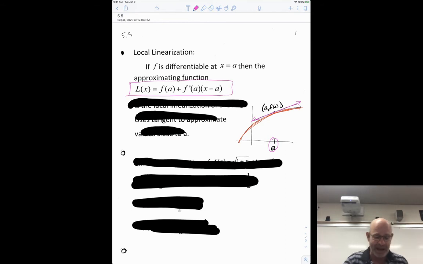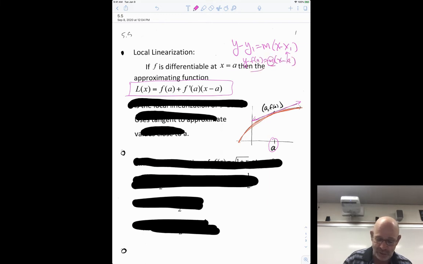It's simply f of a plus f prime of a times x minus a. You can memorize that. But notice this is really just a tangent line, because if I write a tangent line like y minus y1 equals m times x minus x1, now we just call that an a instead. Now it becomes y minus f of a equals m times x minus a.